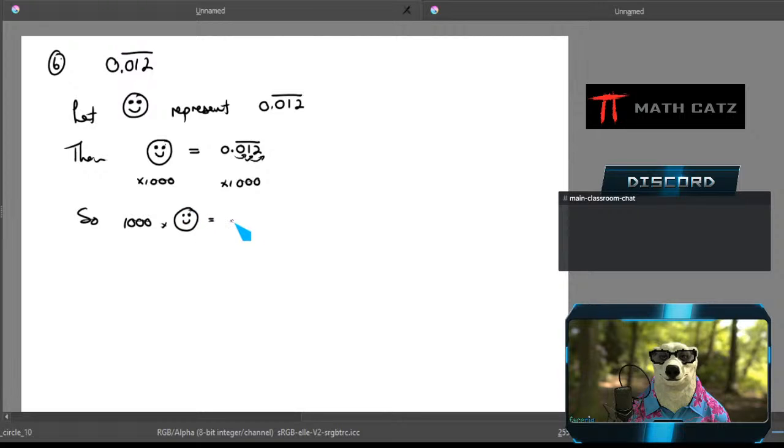And that's going to equal, I'm not going to start with a 0, right? 12.012 repeating. You can write the 0 there, but that's just not something we do. But the 0, 1, 2 moved, and that is what repeats. Not just the 1, 2. 0, 1, 2, 0, 1, 2, 0, 1, 2.